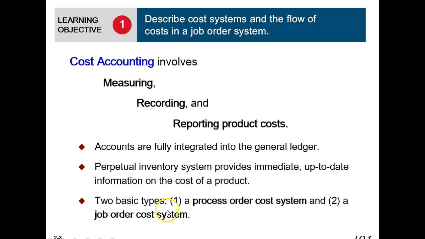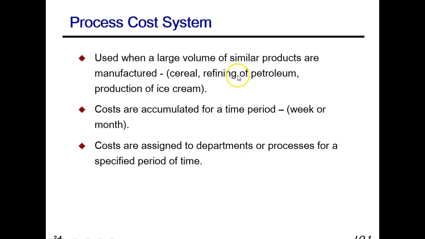The two systems, we're going to talk about the job order system in this chapter, and then we'll also talk about a process cost system. They're used based on different types of products, and we'll talk about that. A process cost system is used when we have a large volume of similar products such as petroleum, cereal, ice cream, milk, where one unit isn't going to be very different from another unit.